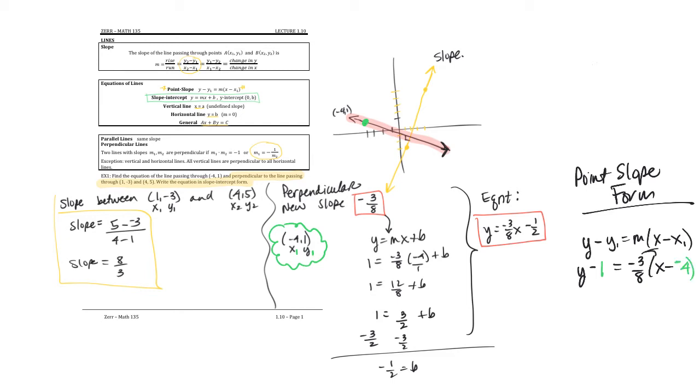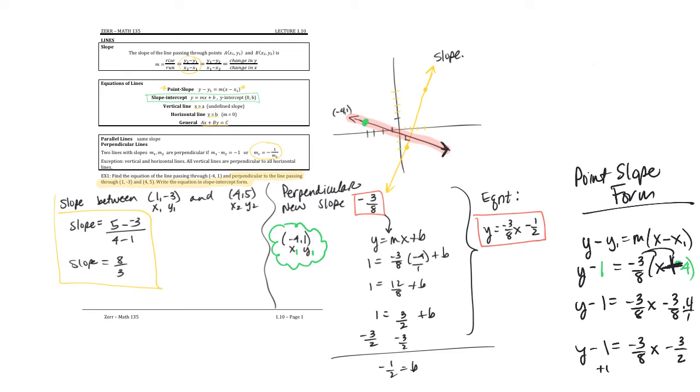And then we can distribute. So we've got -3/8 times y, this would be positive, minus a -4 is positive. And then we have -3/8 times 4, which is -3/2.